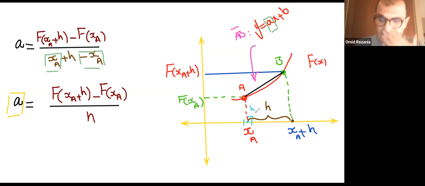Imagine, for example, that point xa is your house. The point xa plus h is a restaurant. You want to go out to eat, but you do not want to drive for 2 hours just to get to a restaurant to eat. You want to go downstairs, grab some food, and come back upstairs. And that's what it means.